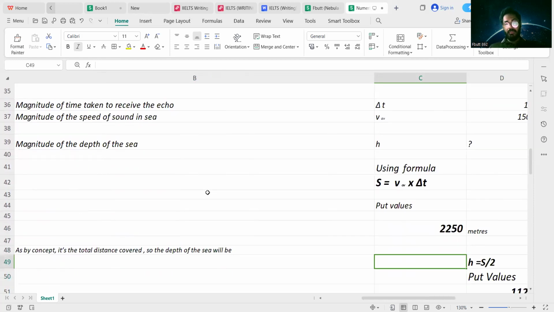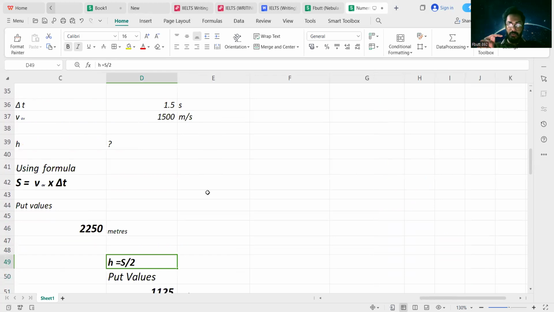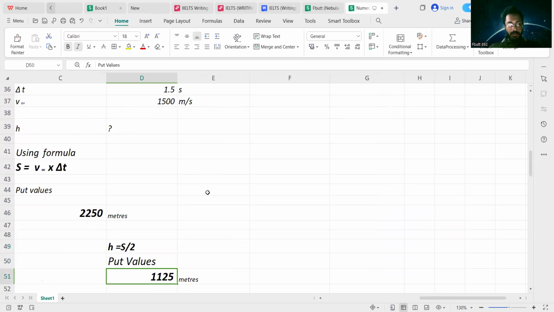So to calculate the depth of the sea, which is the distance of the one-way journey, we divide the total distance covered by the factor of 2. I am assuming that the average speed isn't changing during the whole two parts of the journey.